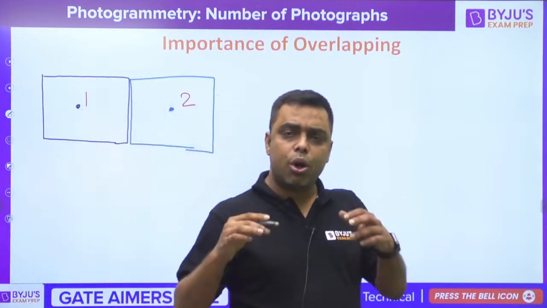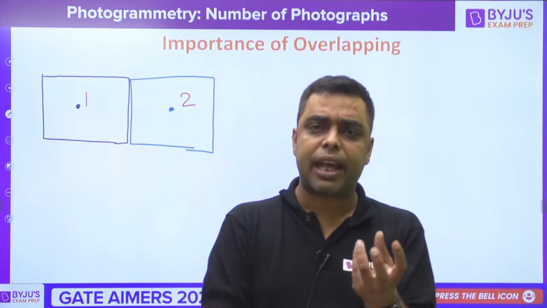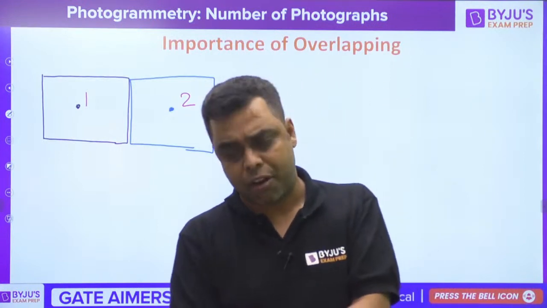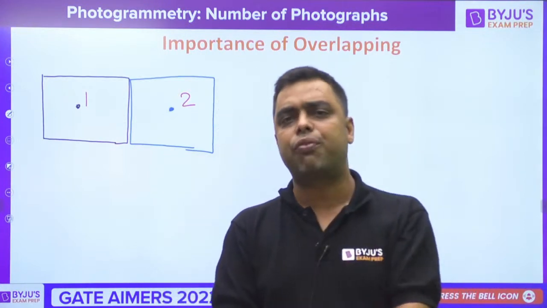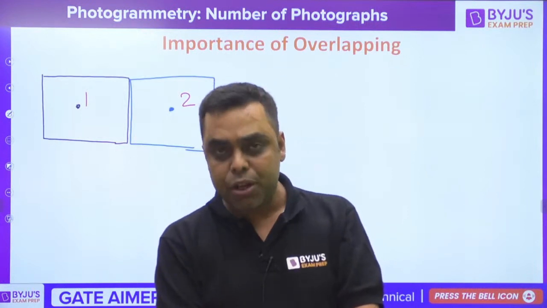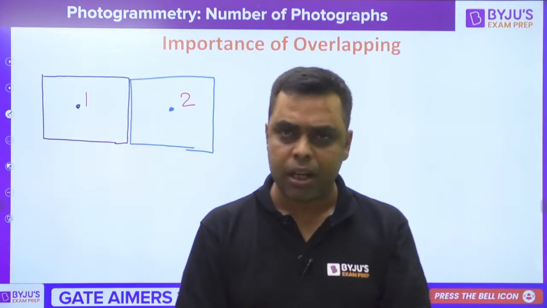Now you already know this fact that while taking this photograph, a camera is mounted under the aircraft, and the speed of the aircraft is of the order of 500 to 700 km per hour.